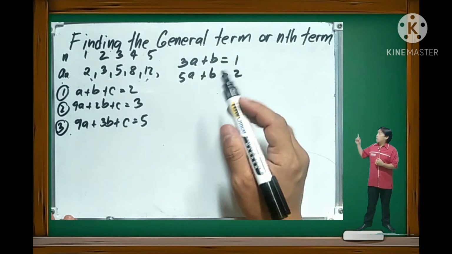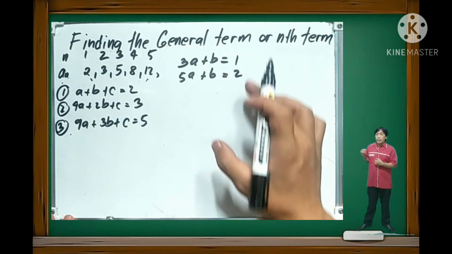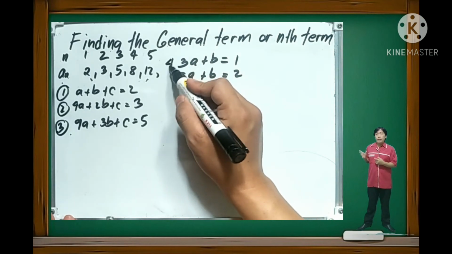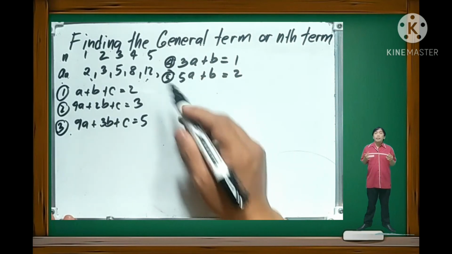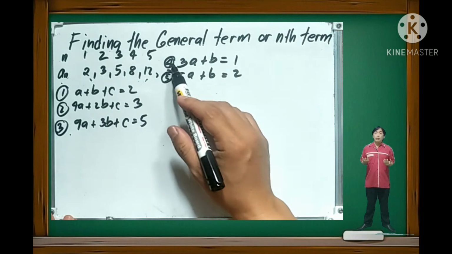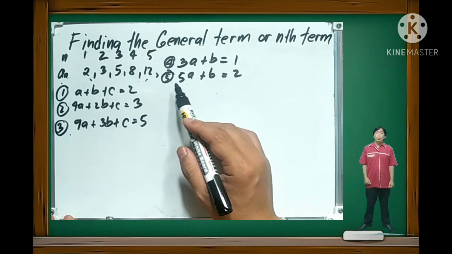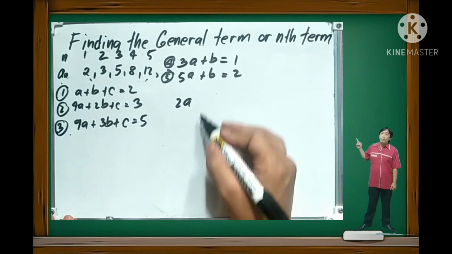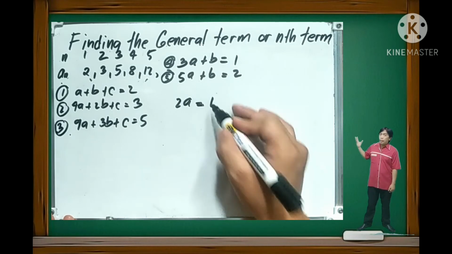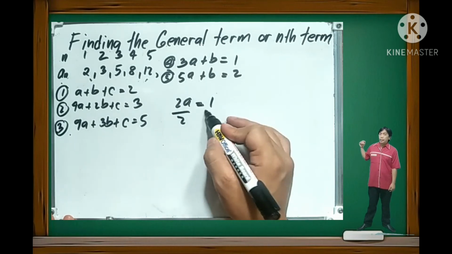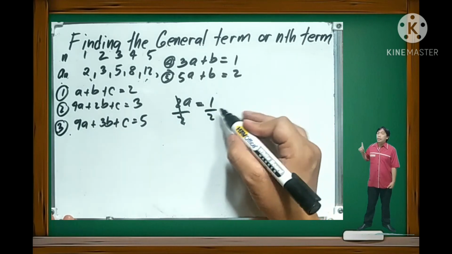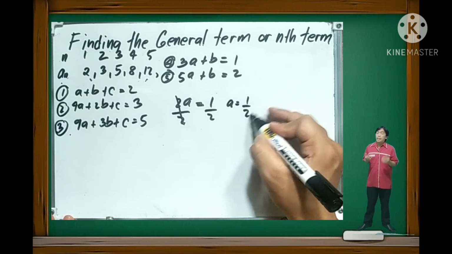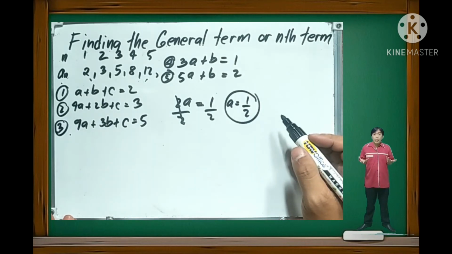Now let us use the elimination method here. This is our equation 4 and equation 5. Subtracting equation 4 from equation 5, we have 2a is equal to 1. Dividing both sides by 2, we have our value of a, which is equal to 1 over 2.